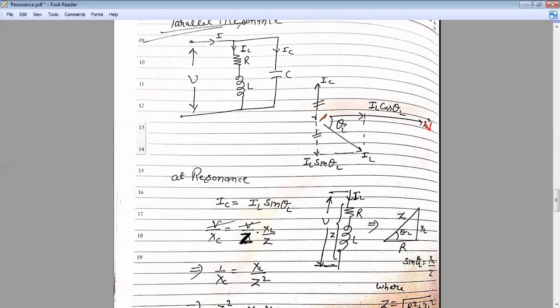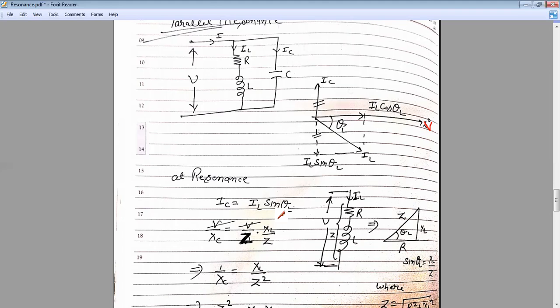First of all, we will break this current IL into its two components: IL sin theta L and IL cos theta L. During resonance, only the current IL cos theta L and V will exist, and the other currents in the circuit will cancel out, so that the current IC and the current IL sin theta L are equal and opposite. So these are cancelled out. You can say IC is equal to IL sin theta L.